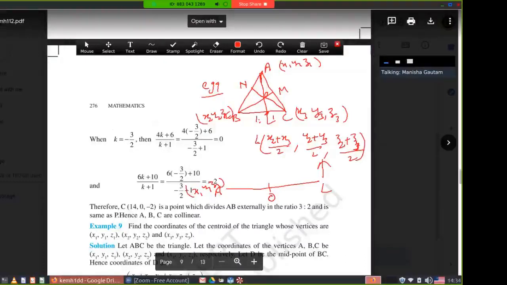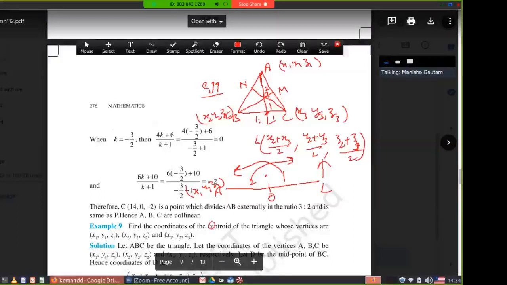You must know that the centroid divides the median in the ratio 2:1. From the vertex side it is 2 and the other side is 1. So when you solve by using the section formula, 2 is multiplying the coordinate of L, and 1 is multiplying the coordinate of A. When multiplying by 2, it means the 2 will be cancelled.